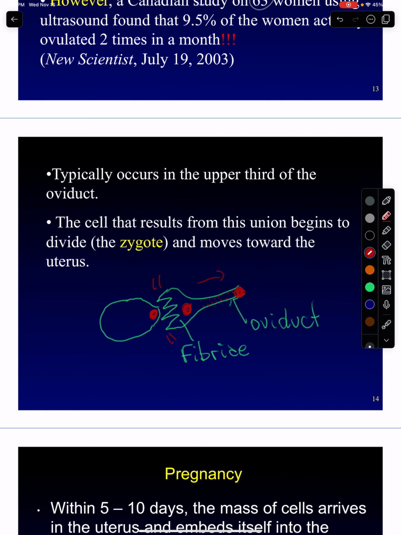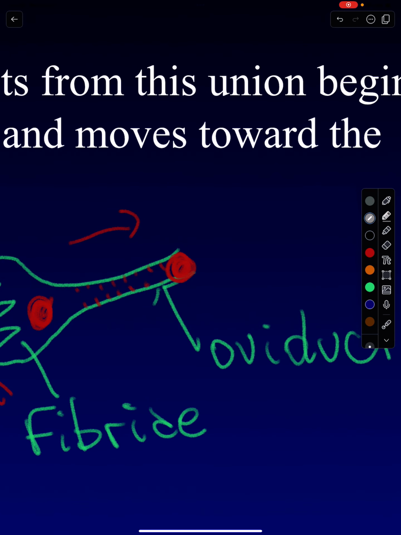So what happens at this point? A lot of people get this wrong, and fertilization doesn't happen in the uterus, so let's extend the oviduct. In about the upper third of the oviduct, that's when the legion of sperm are supposed to come swimming in, right, to fertilize. One sperm does fertilize the egg, but it takes a legion of them to chew through the outside of the egg, right, which has got, I should probably choose a color you can see, right?